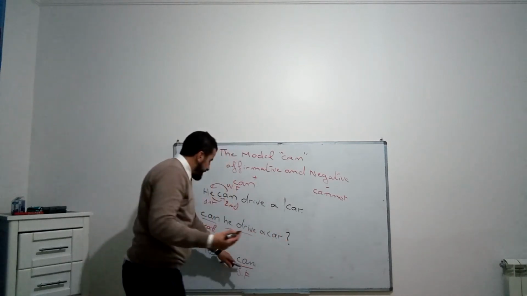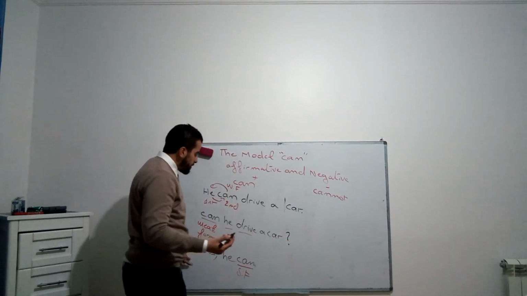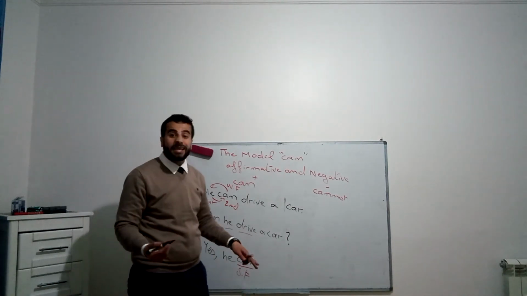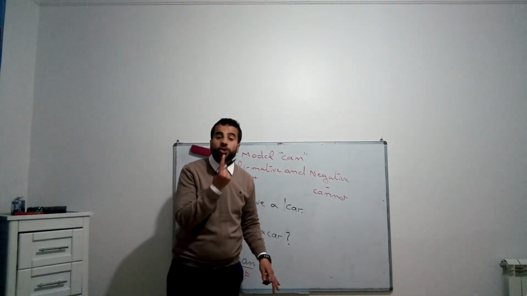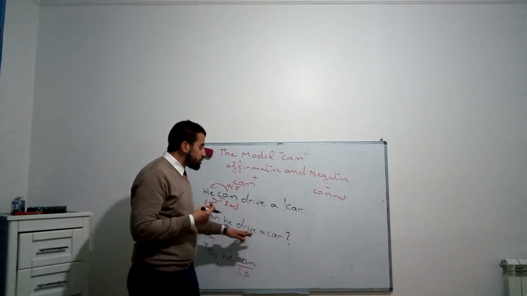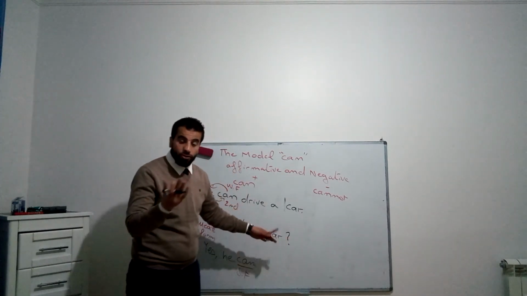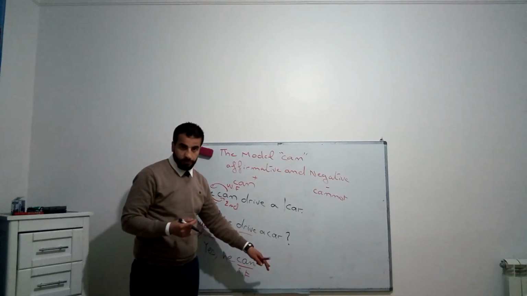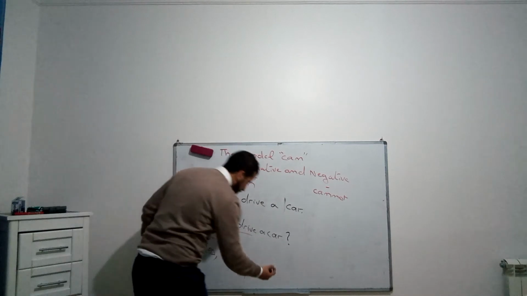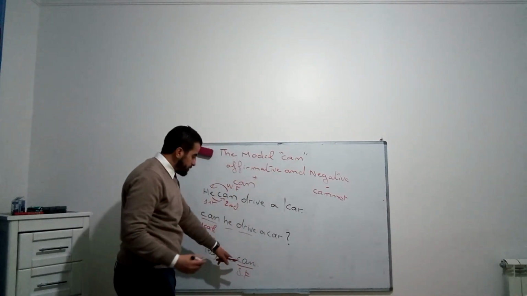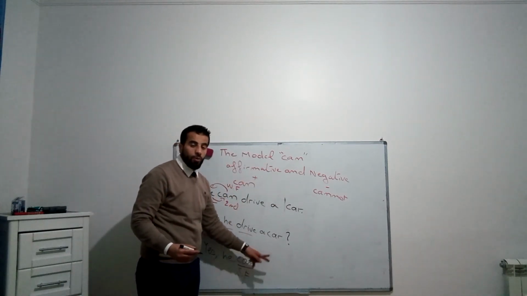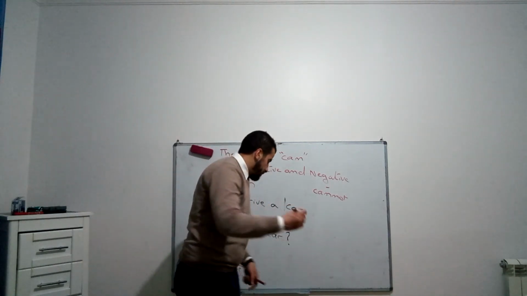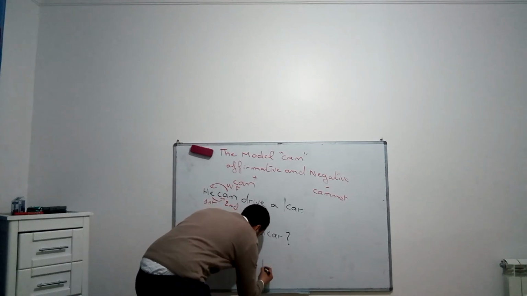So can here is used when we have a question and answer by yes, he can, or yes, I can: strong. Can he drive a car? Can he drive a car? Yes, he can. And also, can is a strong form when it is used as a negative form. For example, we will answer directly.